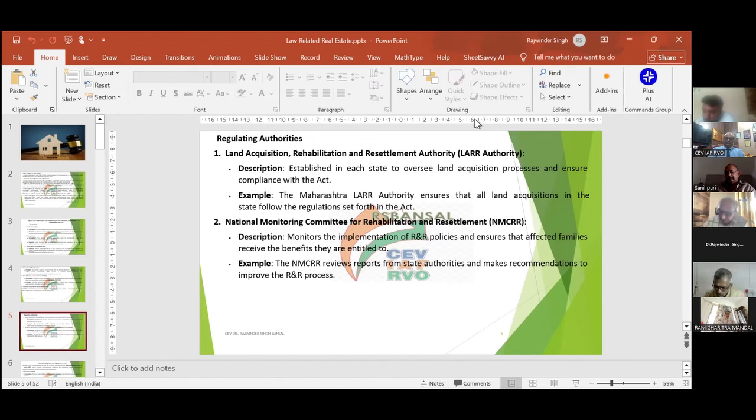It is established in each state to oversee the land acquisition process in that particular state, which ensures that all the laws and bylaws of this act are implemented in the state by the concerned authorities. For example, the Maharashtra LARR authority ensures that all land acquisitions in the state follow regulations set forth in the act.